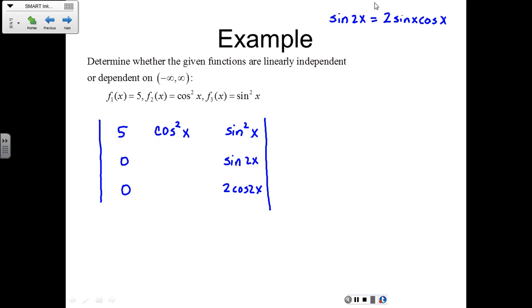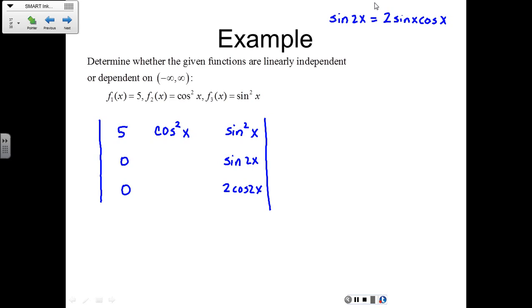Cosine of x squared would be how you treat that, right? So that's going to be 2 cosine x times the derivative of cosine x, you said right, negative sign. What's that going to be again? That's the same identity, isn't it?